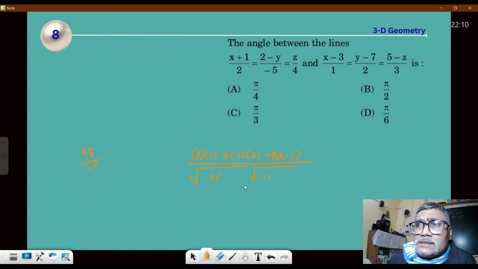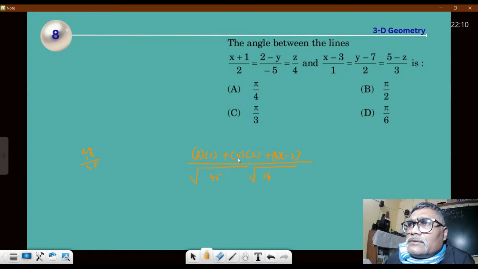So you got this. Now, is it 14 or 9? Then 9 plus 4 will make it 13, 13 plus 1 is 14.